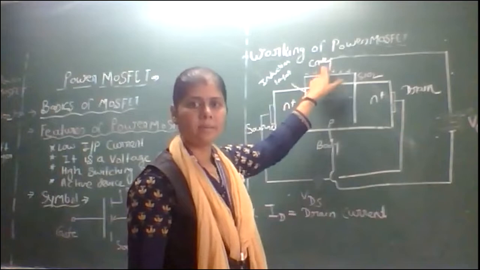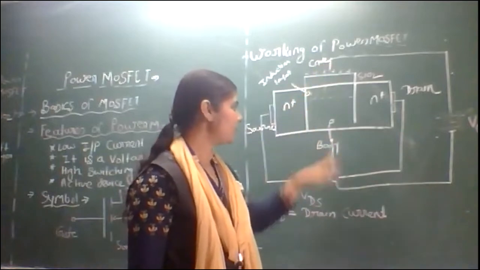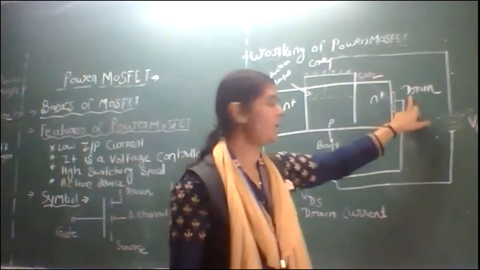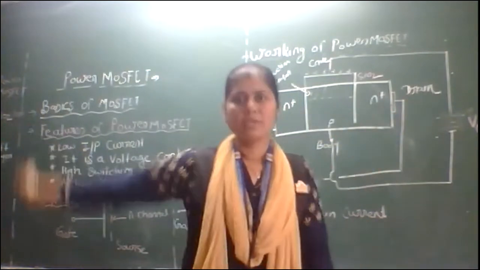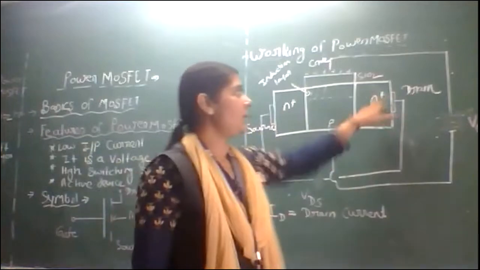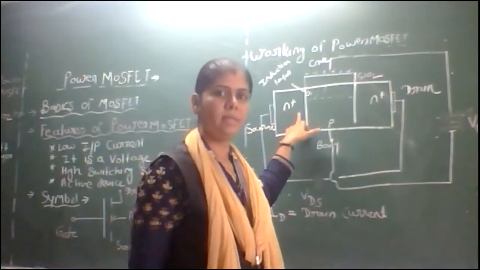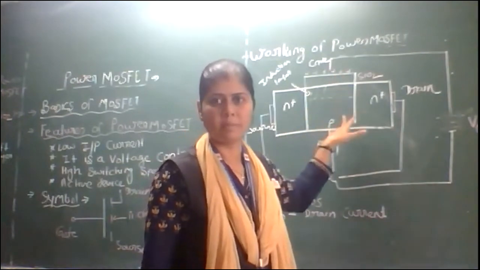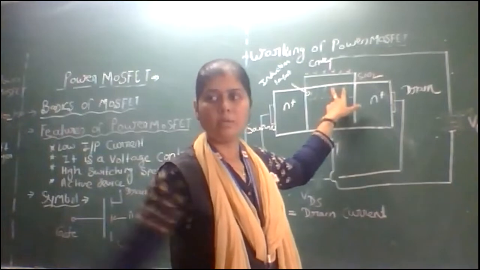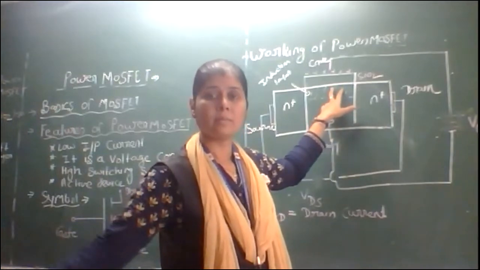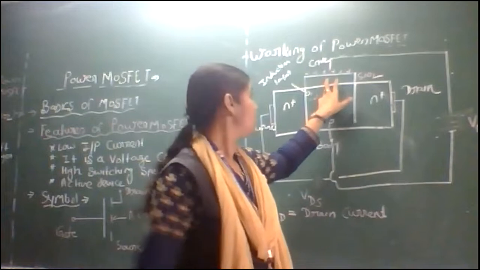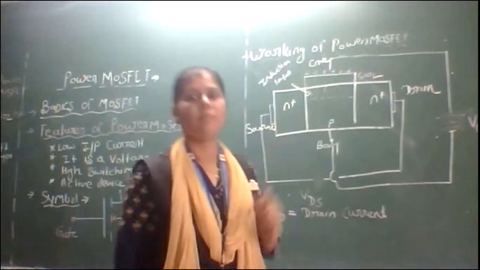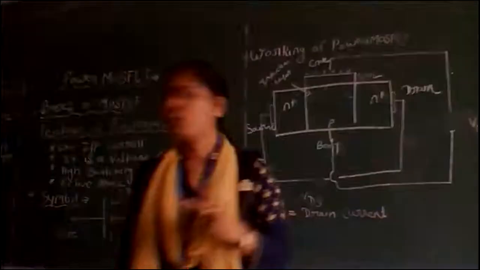This is the gate terminal, this is the body terminal, this is the source terminal, and this is the drain terminal. In the structure, you already saw drain connected with N plus, source connected with N plus, and gate connected with P. Same here. Insulation is there, SiO2. So before we start the working, two points are important.